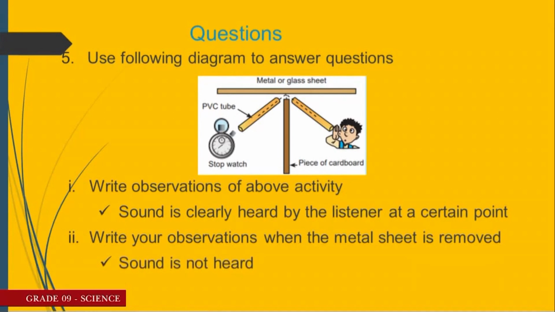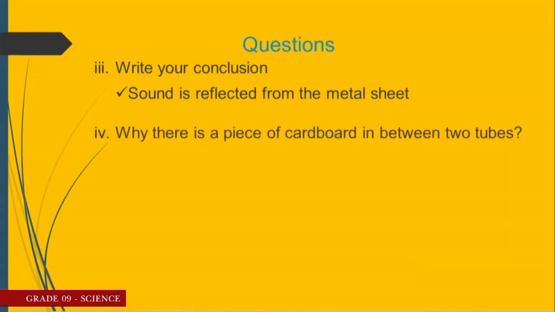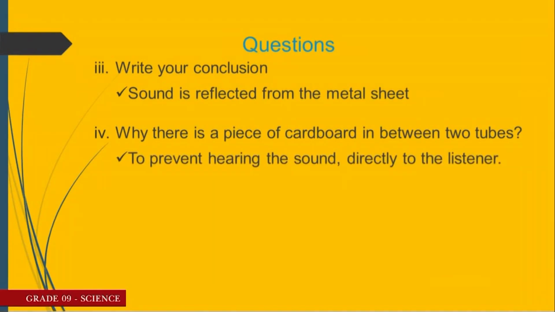Sound is not heard. Next question is write your conclusion. Your conclusion is sound is reflected from the metal sheet. Why is there a piece of cardboard in between two tubes? That is to prevent the sound being heard directly by the listener.